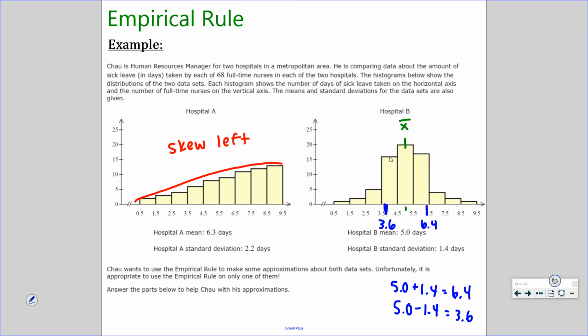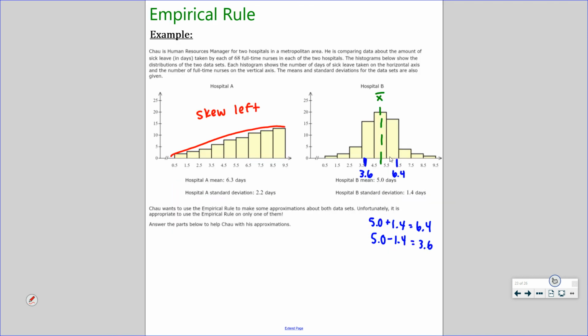So if I move out another standard deviation on each side, put this one in red. I'll go 6.4 plus another standard deviation is 7.8. So now this is 2 standard deviations away from my mean. Now let's go on the other side.